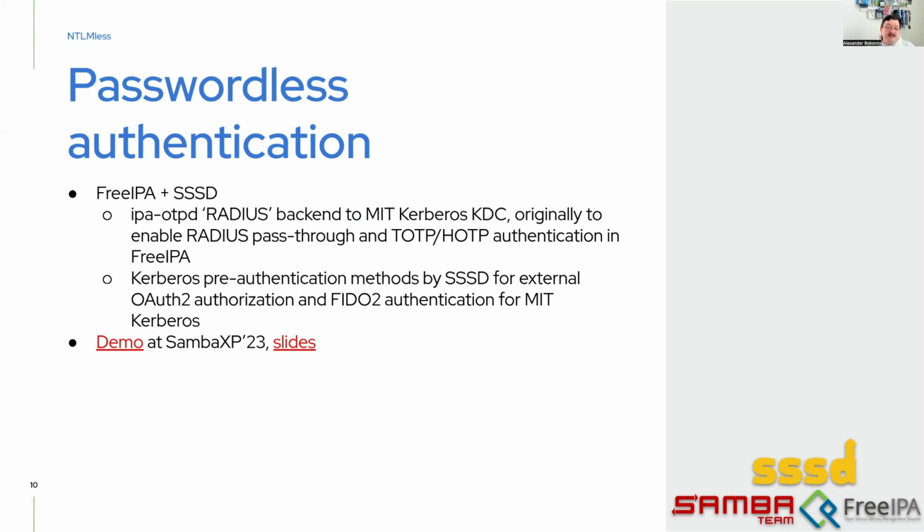This is a RADIUS-based backend that we used at that point to implement two-factor authentication in FreeIPA using tokens. And basically, it's a RADIUS pass-through mechanism. And the same mechanism was extended to provide a channel to communicate between client and KDC sides of the pre-authentication methods for OAuth2 authorization, and to FIDO2 recently, the passkeys.